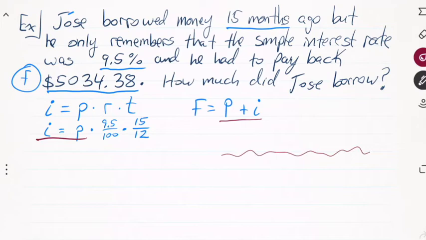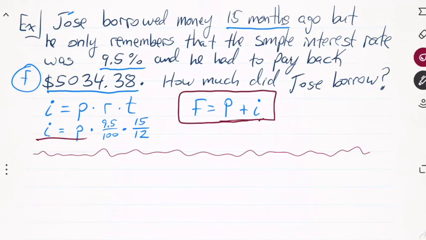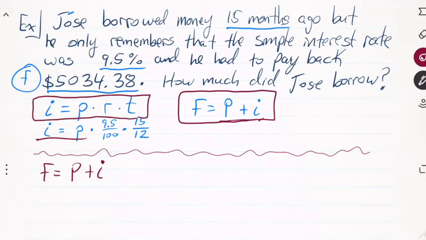All right. So the way that we're going to get this new formula is we're going to take the formula that didn't work earlier. So we're going to have F equals P plus I. And we're going to kind of join it with this formula and see what happens. So these two formulas we're going to work at the same time.